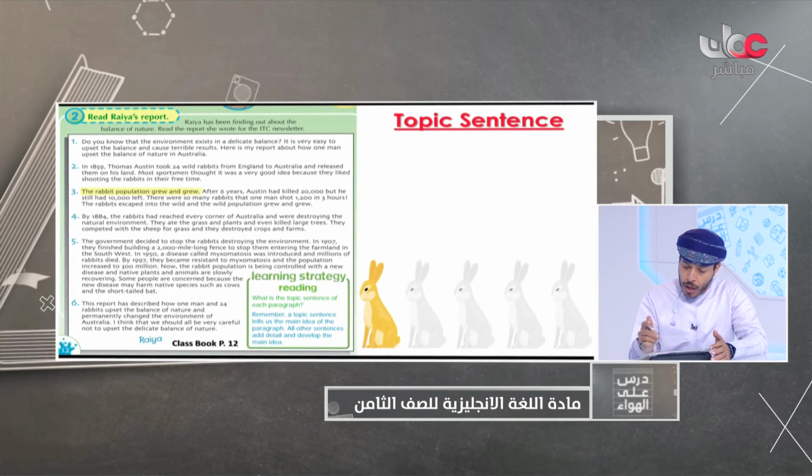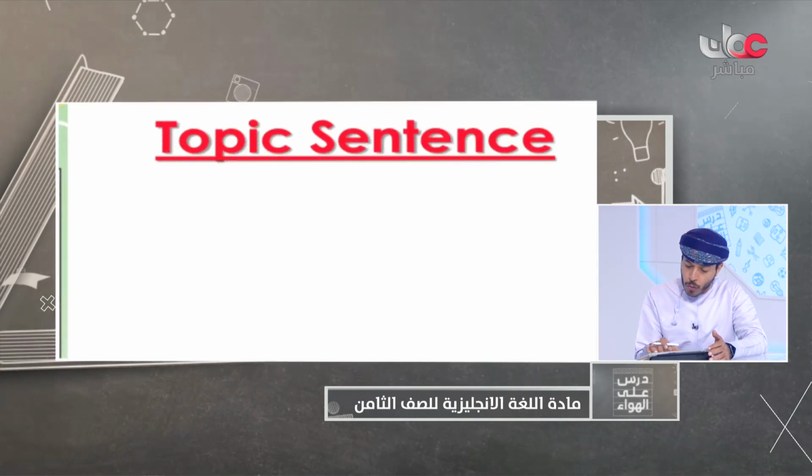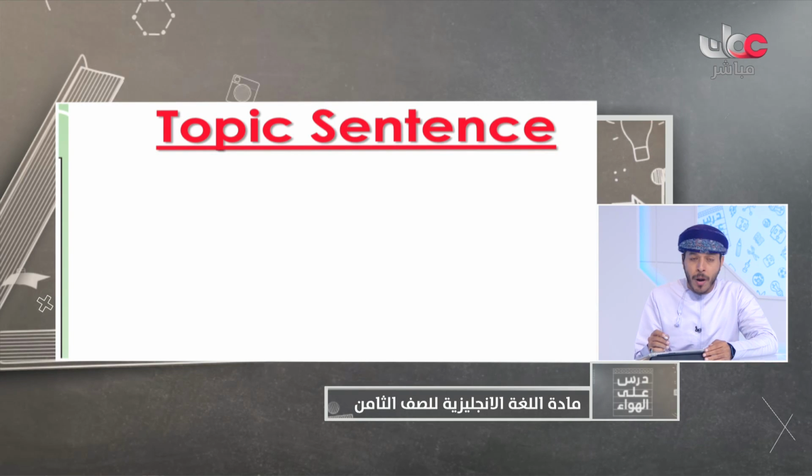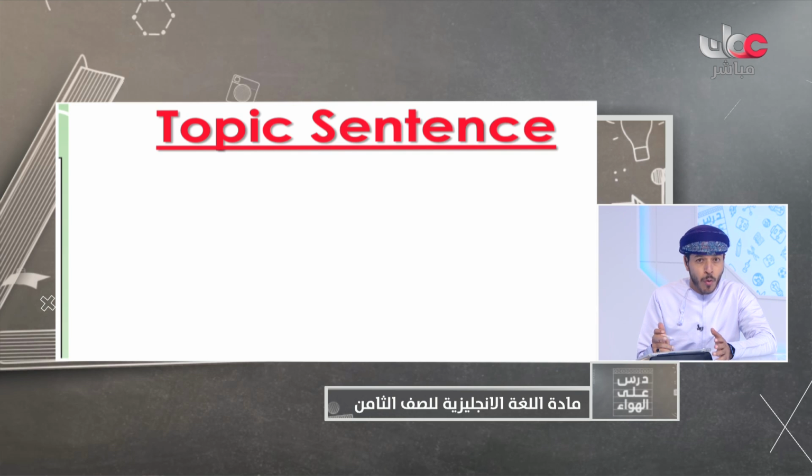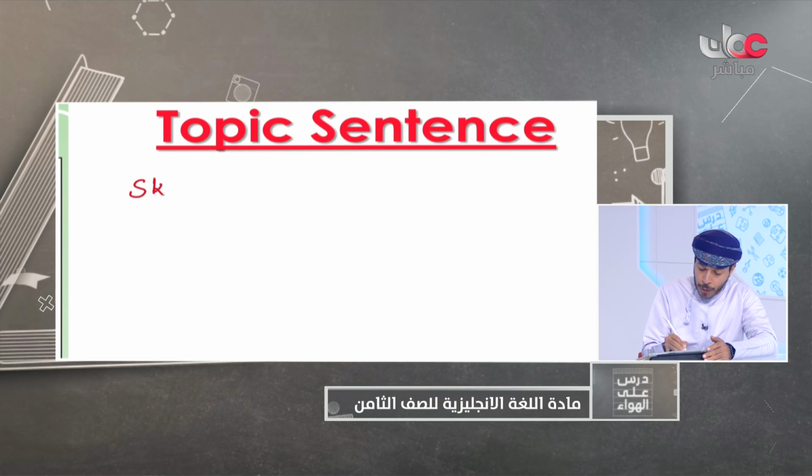But first, before we get into this unit, let's talk about the 2 reading skills that we have discussed previously on unit 1, which was about more free time. And if you remember, we have talked about skimming and scanning.